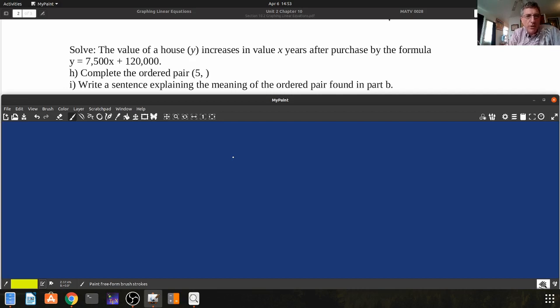The value of a house. So Y stands for the value in dollars of a house.